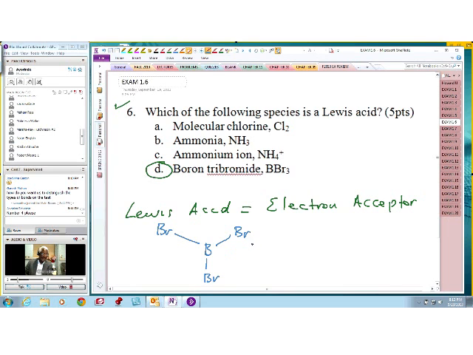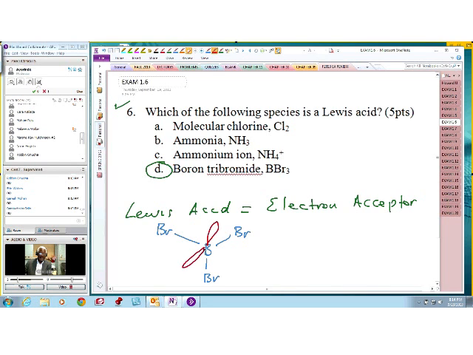No. So it has only 6 electrons. That means this molecule will be eager to accept electrons. Essentially, what that tells you is that this molecule must have a vacant p orbital that is ready to accept electrons. And that vacant p orbital can very easily accept electrons, thereby this molecule becomes a Lewis acid. Okay?